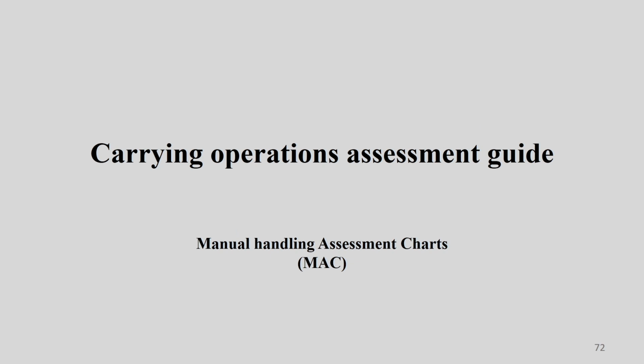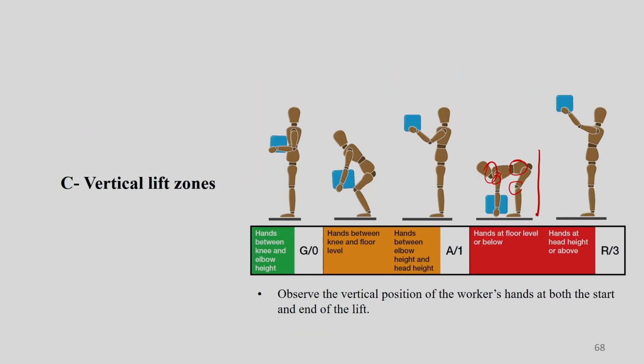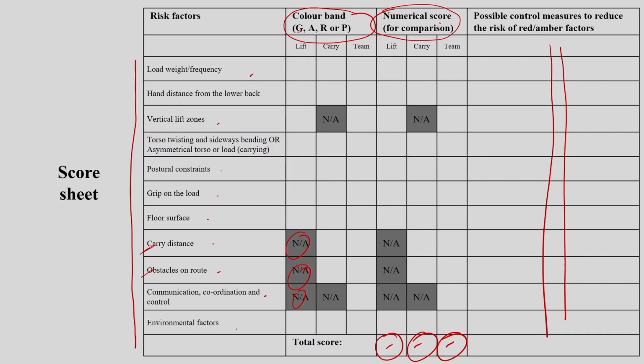So, what you will do now, let us go back to this particular score sheet. For example, let us take that we are talking about lift, right. Here suppose I have red, I have amber, I have G, again G, I have again A, and let us assume that A. Fine.